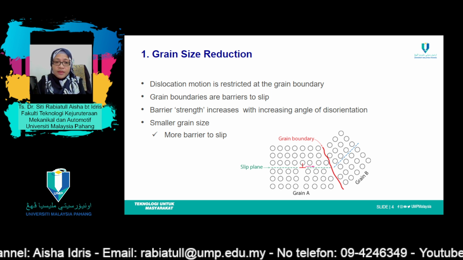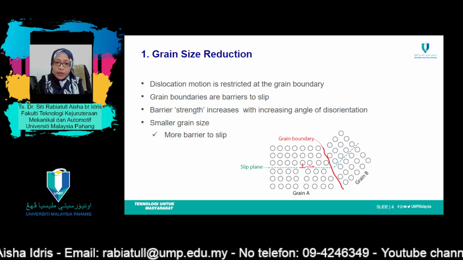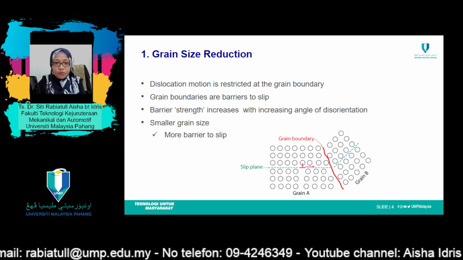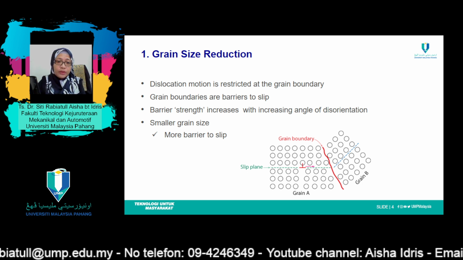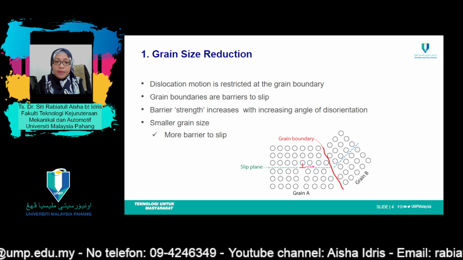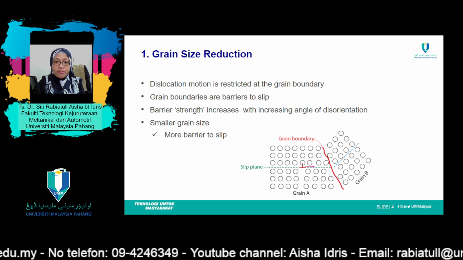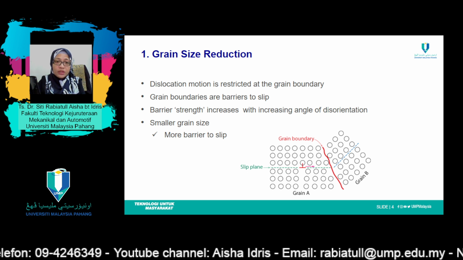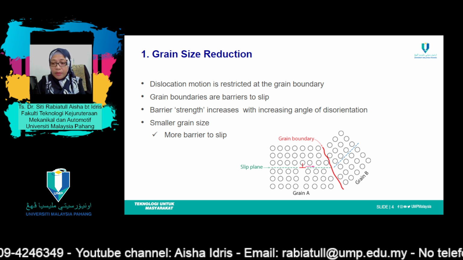Number two, the atomic disorder within a grain boundary region will result in discontinuity of slip planes from one grain into the other. It should be mentioned that for high-angle grain boundaries, it may not be the case that dislocations traverse grain boundaries during deformation.